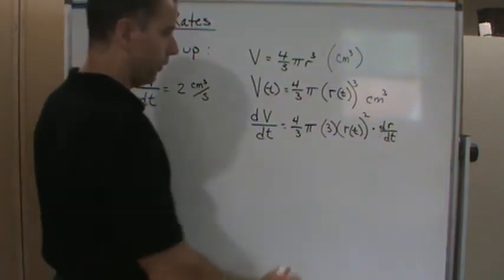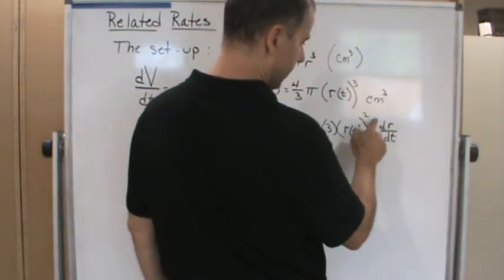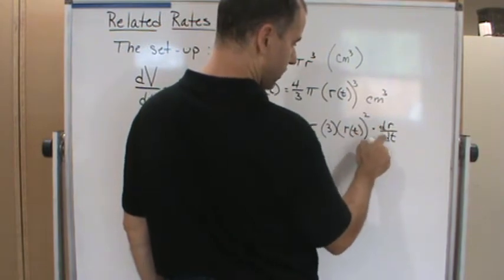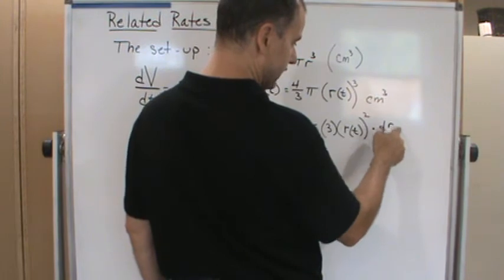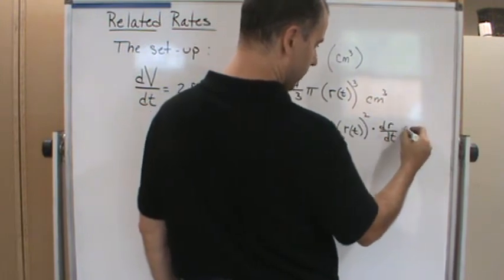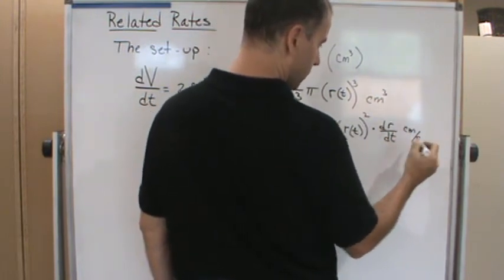Now understand that this right here is a radius rate, which is a length per unit of time, so this is going to be in centimeters per second.